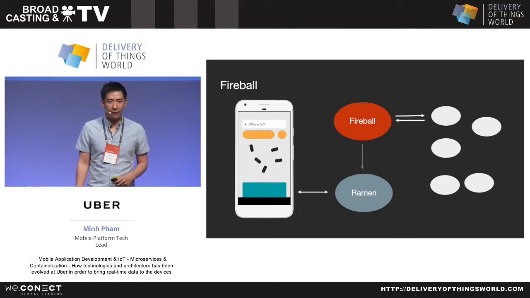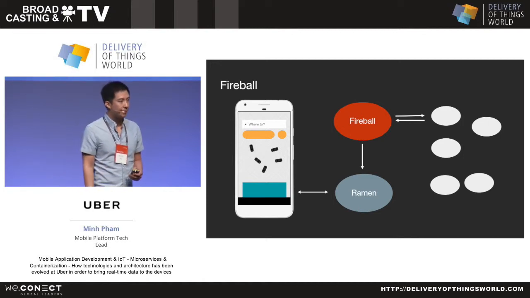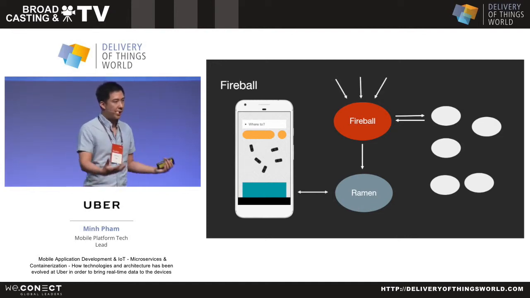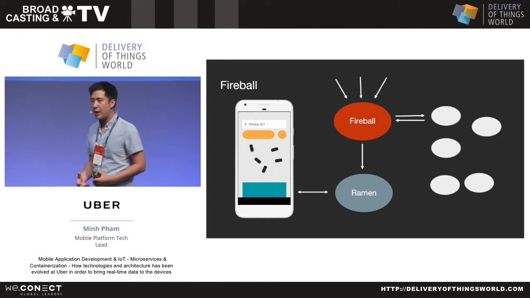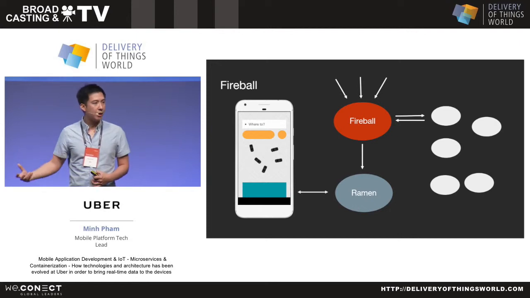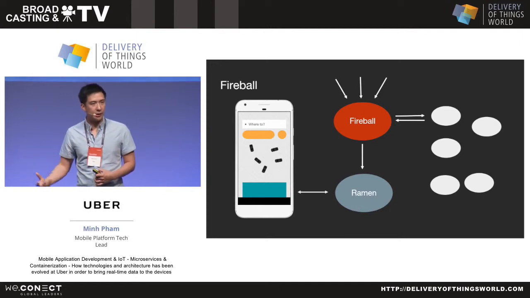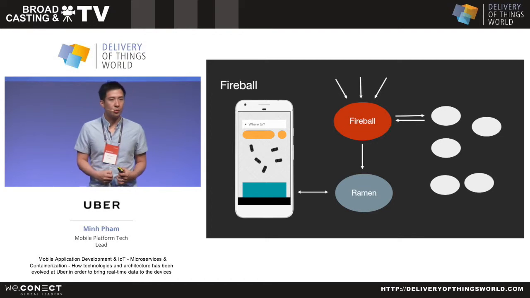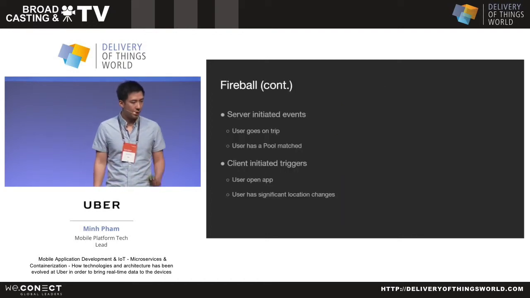Fireball can pull data from a backend service and push that to Ramen, and it does that by listening for a bunch of events. Fireball itself is a rule engine. It can listen for events, and based on the event, it can query a particular microservice, get the data back, and push that to Ramen.